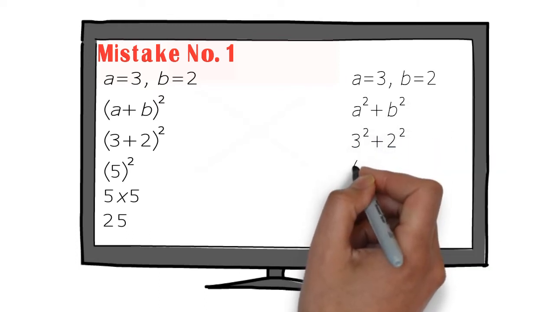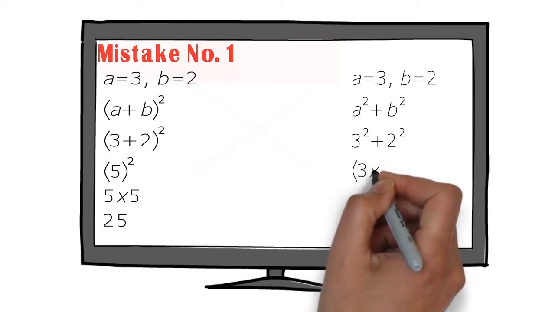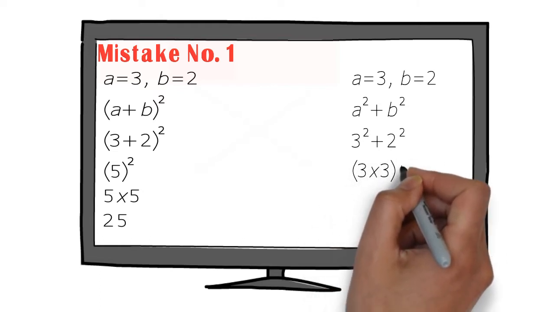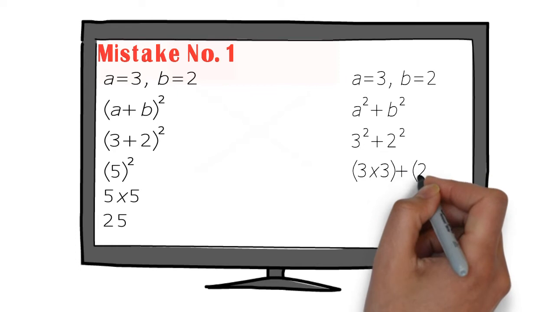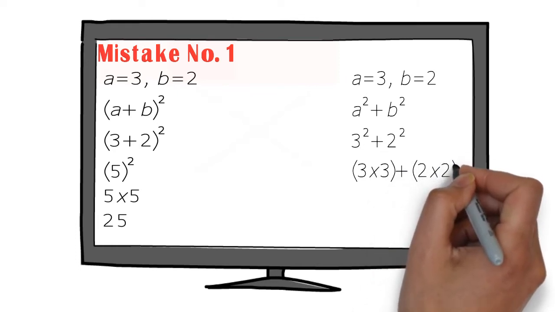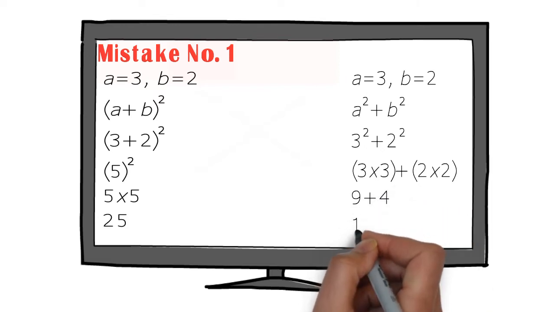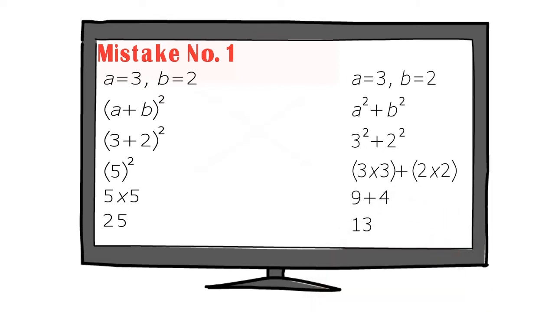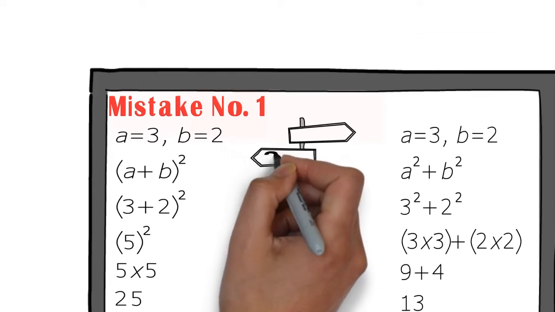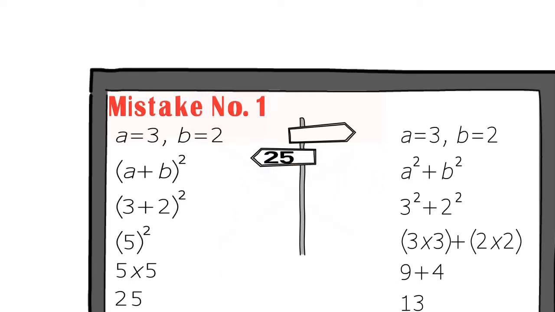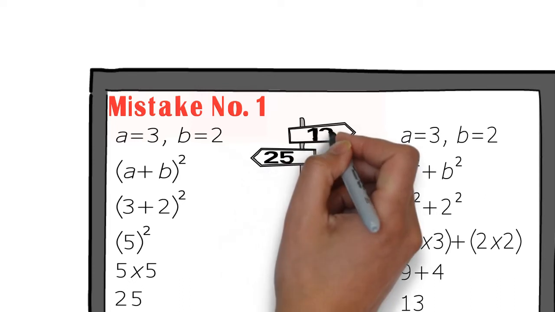That gives us 3 times 3 plus 2 times 2, which should give us 9 plus 4, and that gives 13. Now, obviously, a plus b square and a square plus b square give different answers. 25 is definitely not equal to 13.